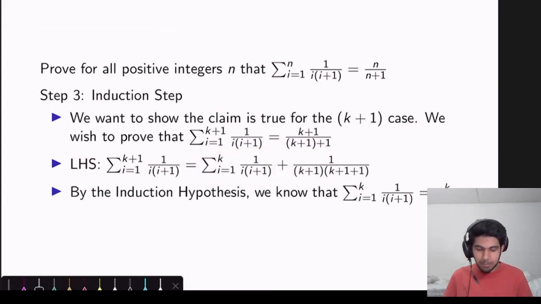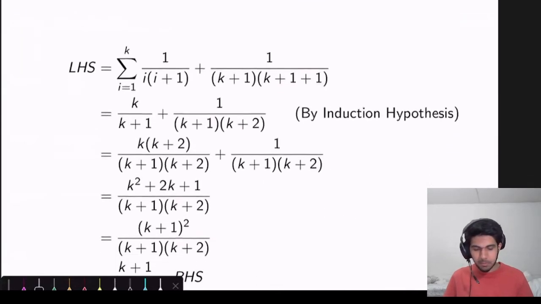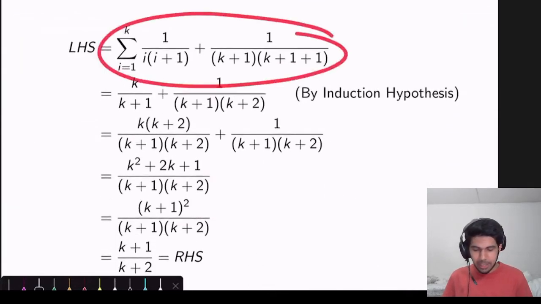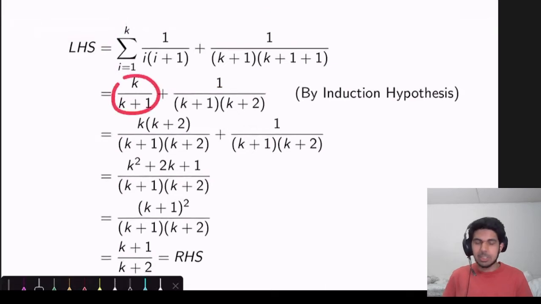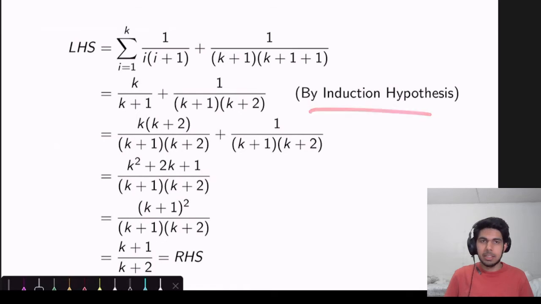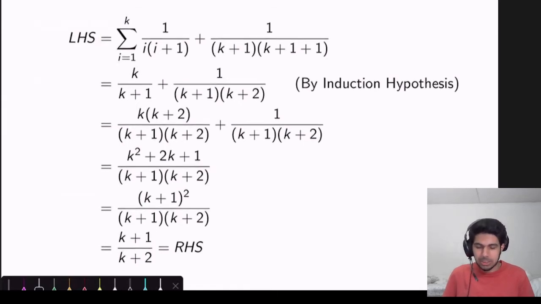So we see here, by the induction hypothesis, we know that this summation equals k over k plus 1. So we'll just substitute that in, right? So this is what we have here, and we'll substitute that k over k plus 1. And here I cited by the induction hypothesis, and now it's just math.